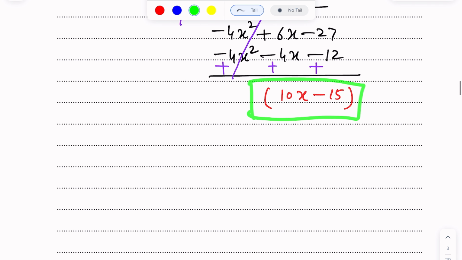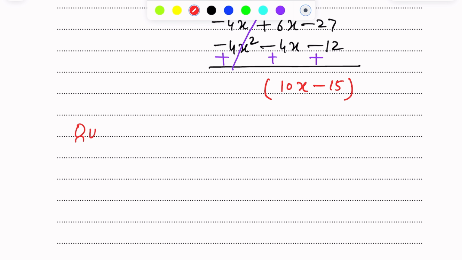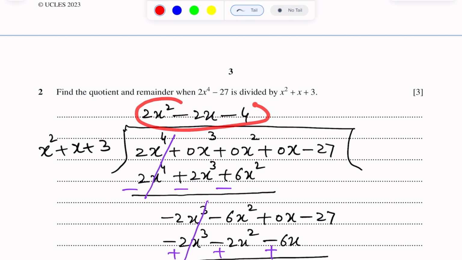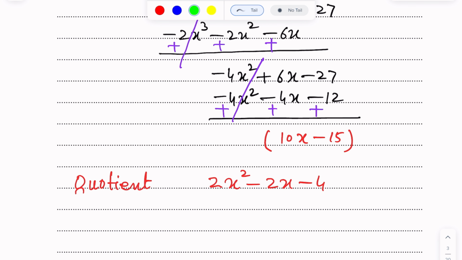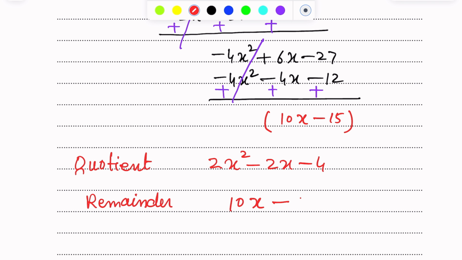So we write here quotient is 2x square minus 2x minus 4 and remainder is 10x minus 15. This is the answer.